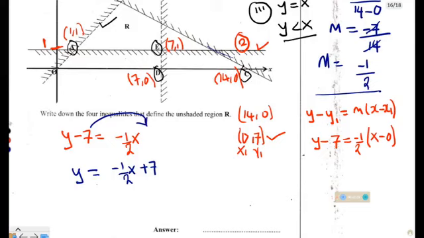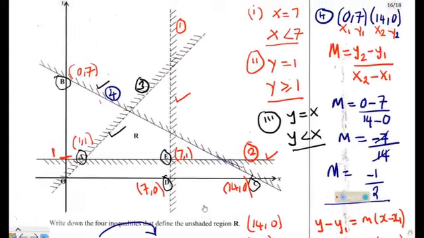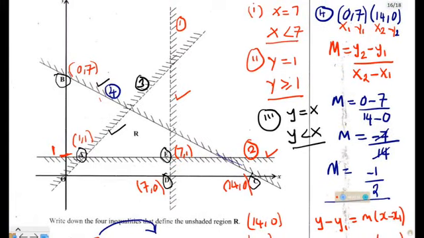Now remember, we want to come up with an inequality. So we write y, we leave space, we write negative half x plus 7. Then we go back to our diagram and look at the line. The shaded part is the upper region, which is greater.